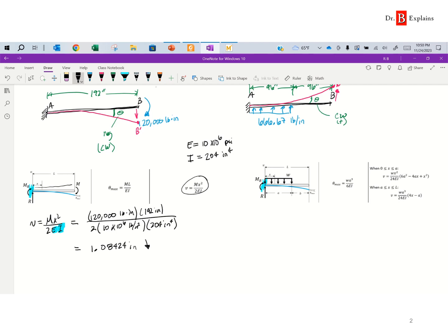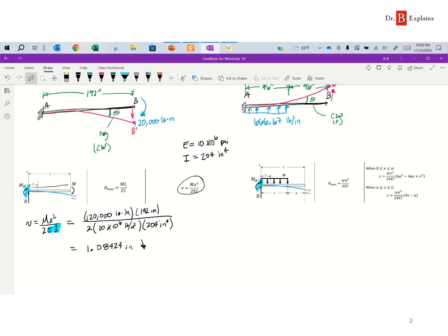Now let's calculate the deflection due to the distributed load. We have two equations. If you notice the limits, one is for x between 0 and a, where a is the span of the distributed load. The second one is for x values between a and L, which is the length of the beam.